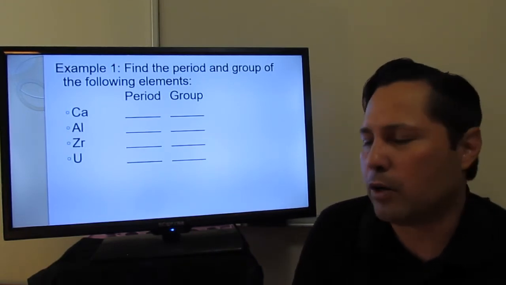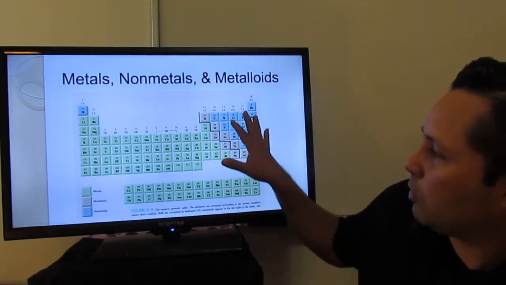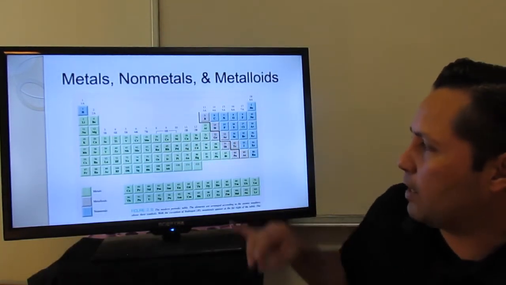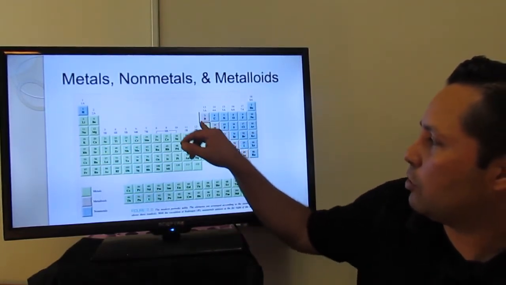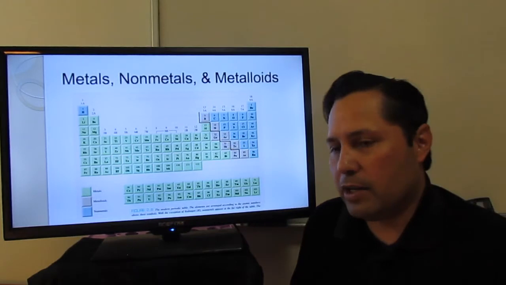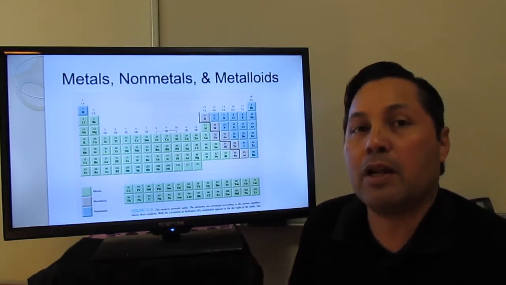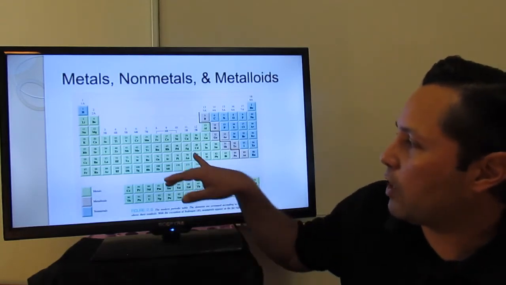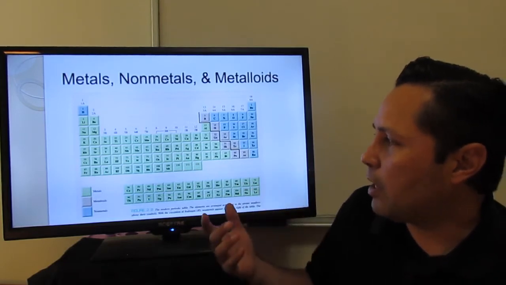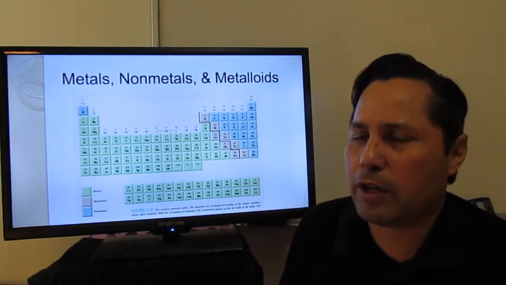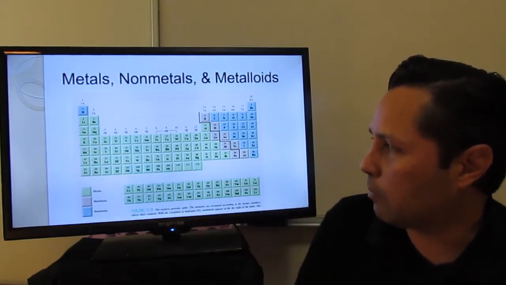Next, let's go ahead and talk about metals, nonmetals, and metalloids. On the periodic table, this line right here divides the metals here on the left, the nonmetals over here, and the metalloids touching this line. Alright, let's talk about what are they. Well, metals are elements that can conduct electricity, and you'll find stuff like copper, iron, and other elements that you don't really think of as metals, but calcium and sodium as well.